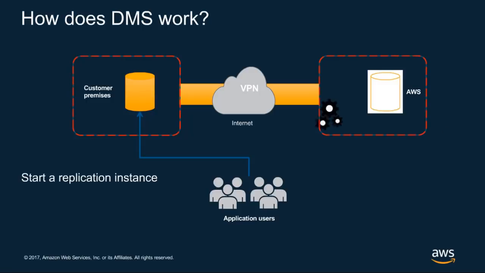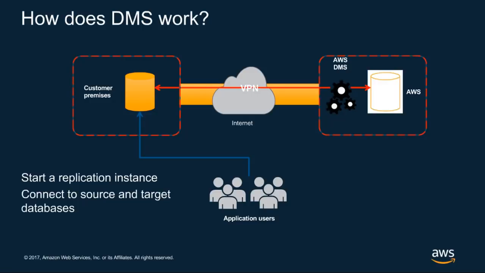The first thing that we need to do is start something called a replication instance. This replication instance is going to connect to your source and pull data from it, and connect to the target and push data to it, so that it can start the migration and complete it. The second step is to create a couple of artifacts called endpoints.